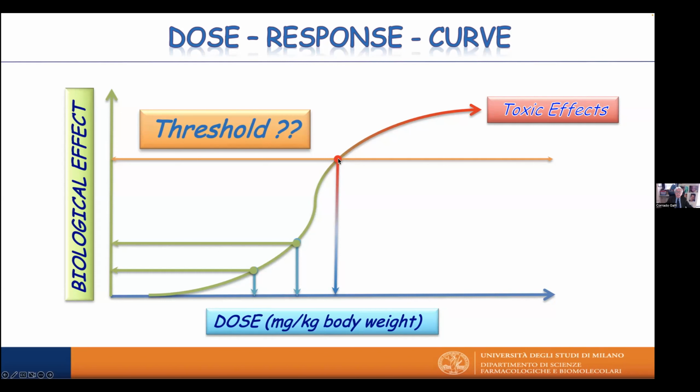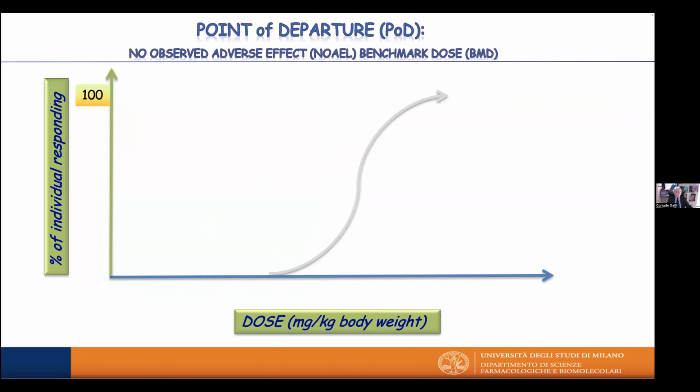Our aim is to measure a toxic effect and then go down to see a threshold, and the further we go down, maybe we can arrive at the no-effect level, the point of departure. So what we need is not a dose response per se, but first to design a dose-response curve for a toxic effect.